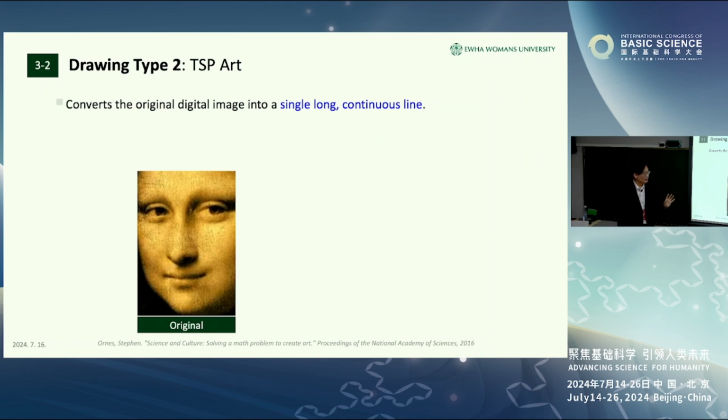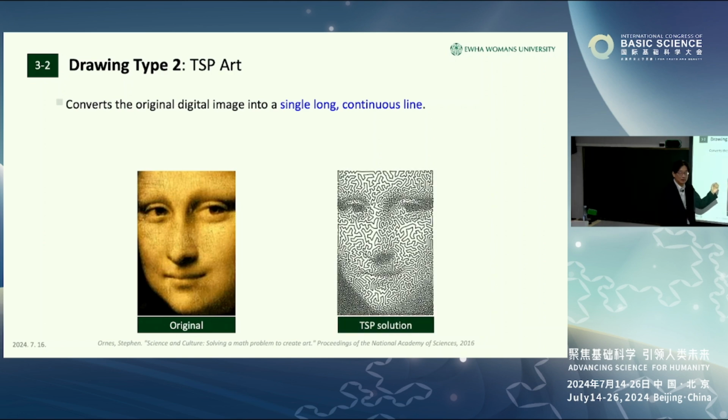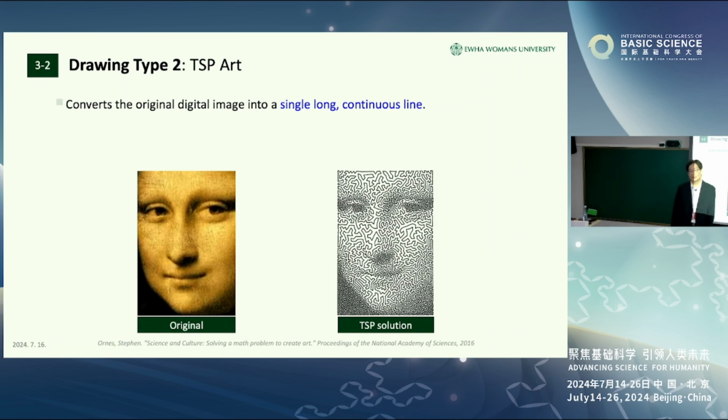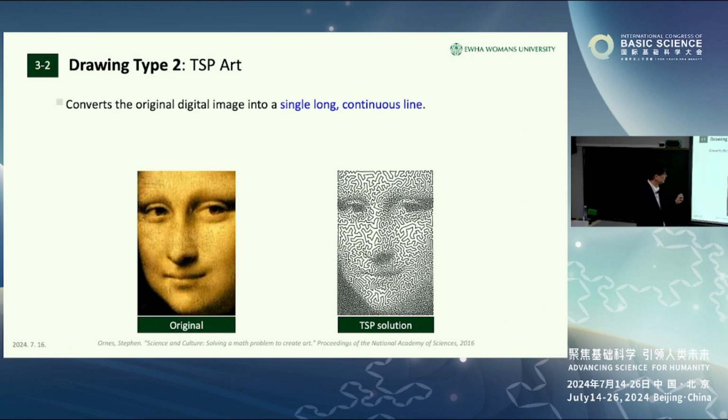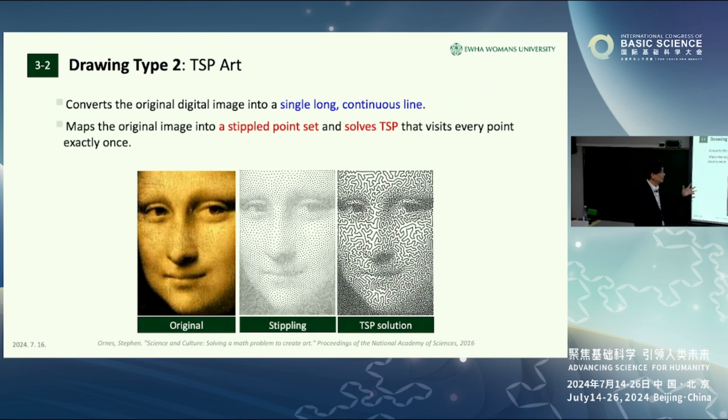And again, what is TSP art? Given some original image, we want to find a single long continuous line without crossings, which approximates the original input. That's so-called TSP art. And typically in TSP art, the way people try to attack this problem is, first of all, we somehow estimate the tonality of the original image using a point distribution.